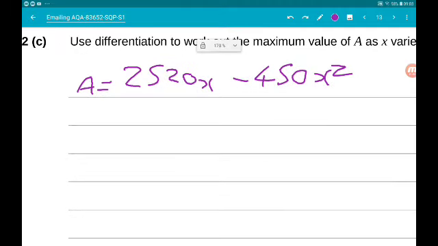Now if we differentiate this with respect to x, dA by dx, well, 2520 times x just becomes 2520.